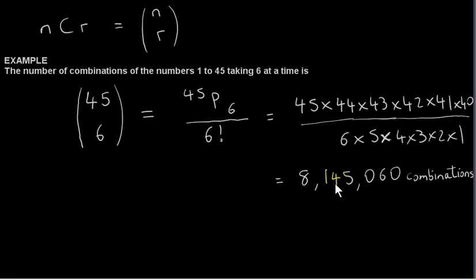So there are 8,145,060 different combinations of 6 numbers from the numbers 1 to 45. So you can choose as many as this number of combinations when you do the lottery. And of course only one of them is the winning combination.